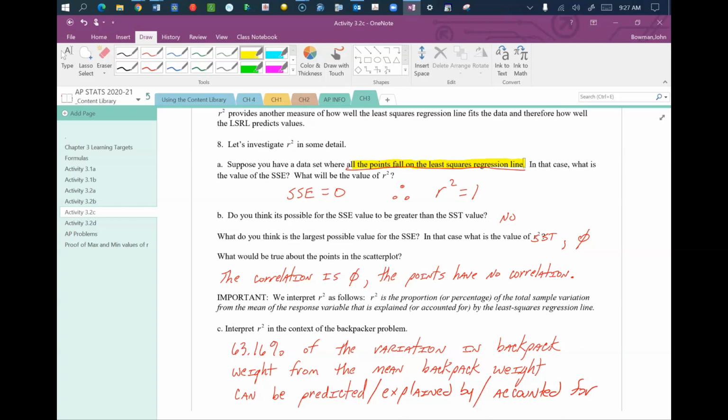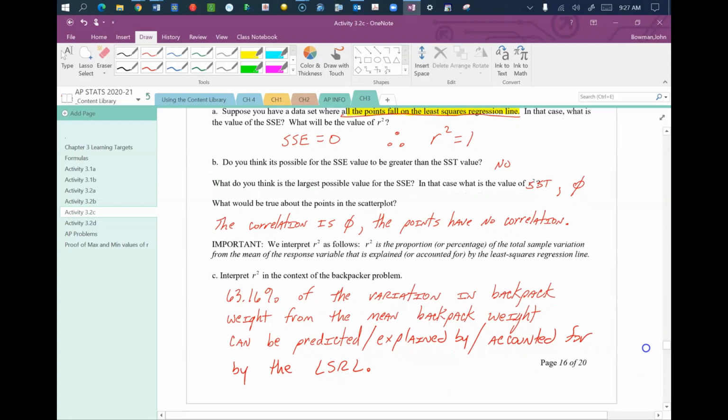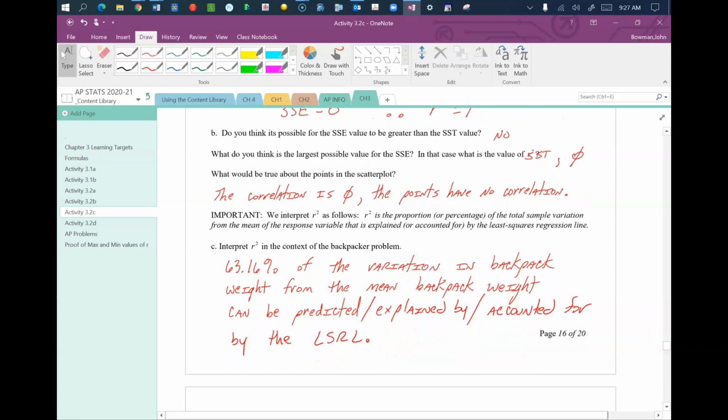So one of the things that students often struggle with is interpreting R squared. Though we would love for you to have a very solid understanding of this, it's particularly important, because sometimes you are simply asked the question to interpret R squared. And interpretations of R squared go like this. R squared is the proportion or the percentage of the total sample variation from the mean of the response variable that is explained or accounted for by the least squares regression line.